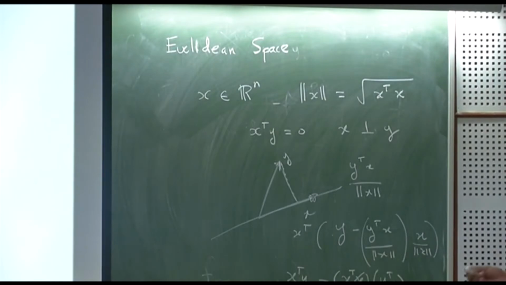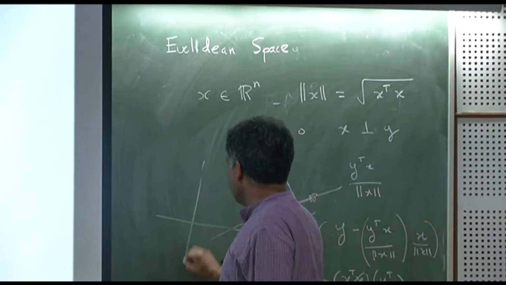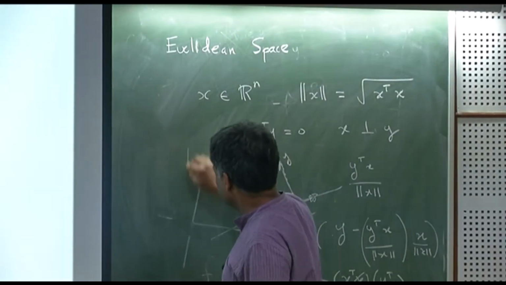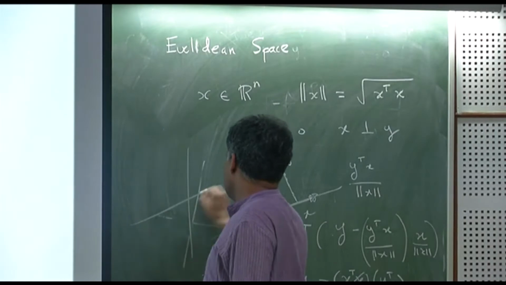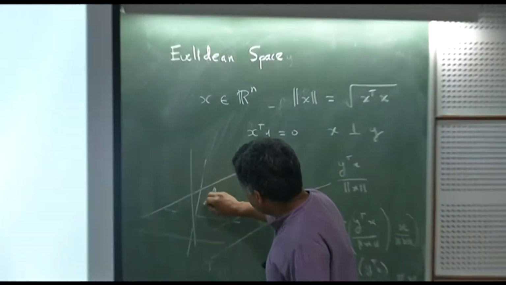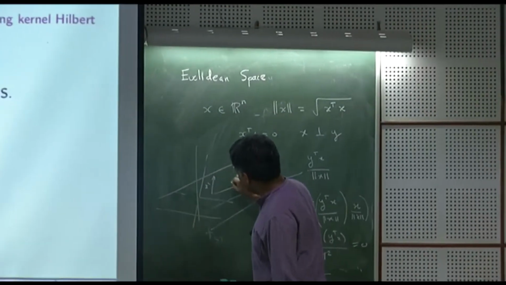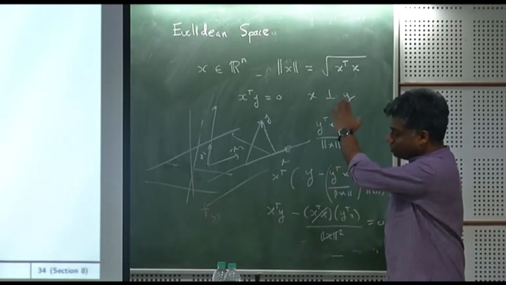Now, if I give you a collection of vectors, so instead of talking about one vector, I give you two vectors. Here's my plane, and I've got vector x1 here, a vector x2 here, and a general y. I can talk about a projection onto the plane.